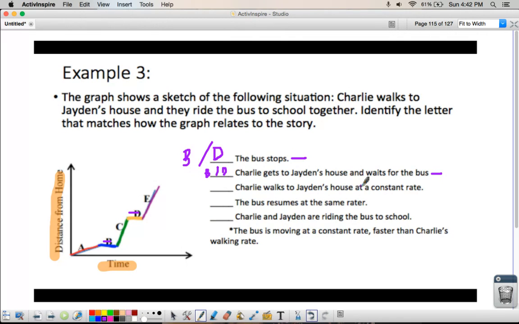Charlie walks to Jaden's house at a constant rate. So he's walking, his distance is increasing. This matches up with part A. So he walks to Jaden's house first, so that's part A.